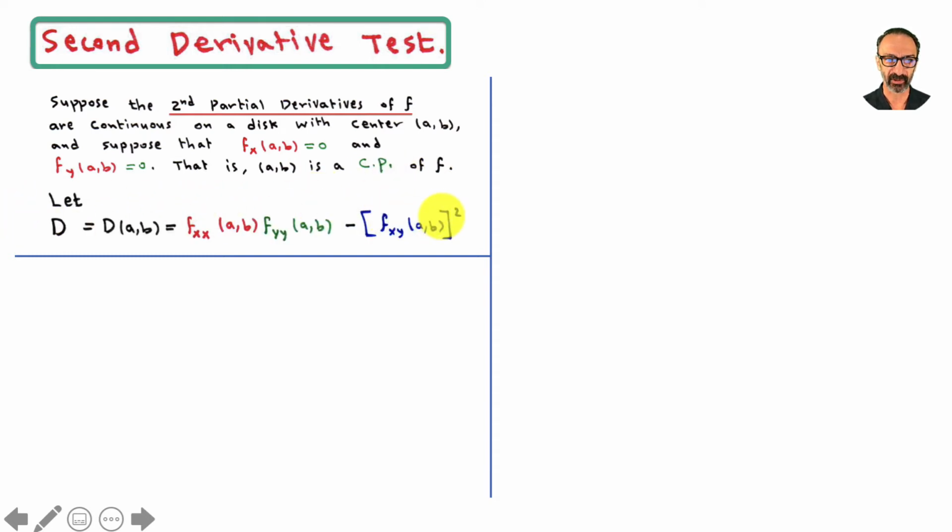Now here's the formula. Capital D at that point (a, b) is the second partial of f with respect to x times the second partial with respect to y at the same point (a, b), minus the derivative of x then y, or y then x.